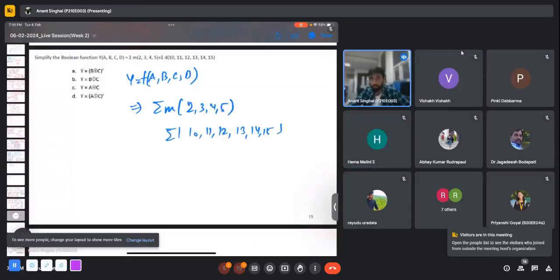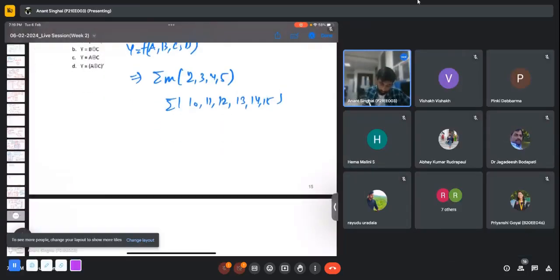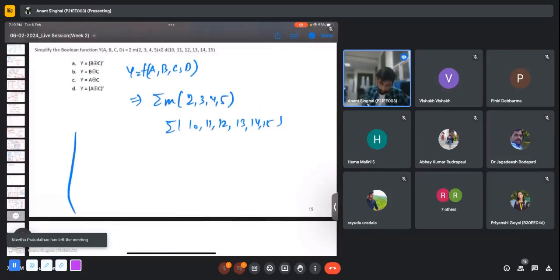Okay, so I'm getting mixed answers again. So let's just make a K map.